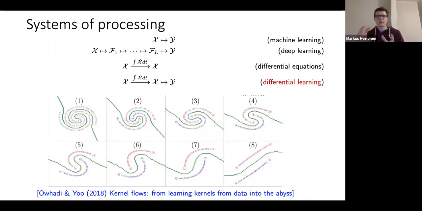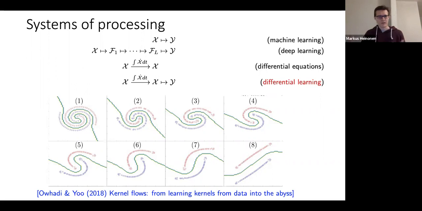But if we had a dynamical system that would warp these blue and red points in a sensible way, we could straighten up these lines and make the discriminant trivial. So we can shift the workload from learning a very complex discriminator into learning a complex transformation of the data, and then afterwards not really having to classify at all, or the classifier becoming basically trivial. I think this is a really cool idea.